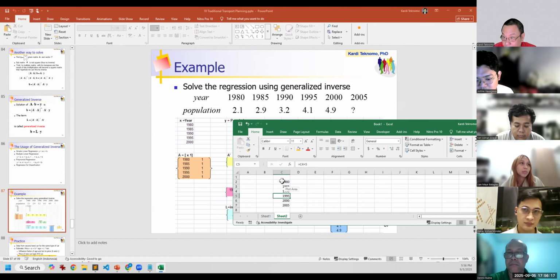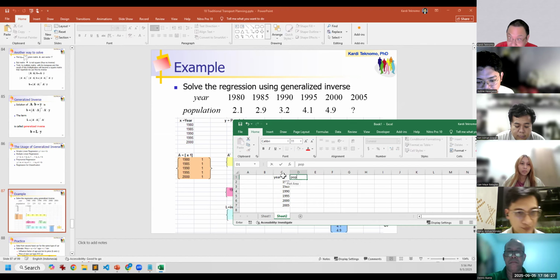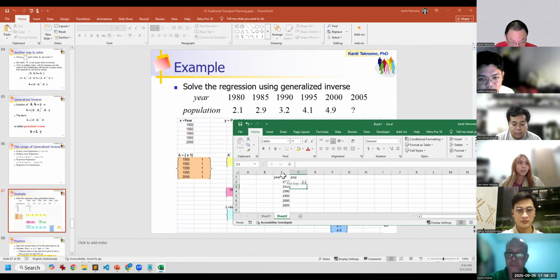So this is the year, and this one is the population. So 2.1, 2.9, 3.2, 4.1, and 4.9.